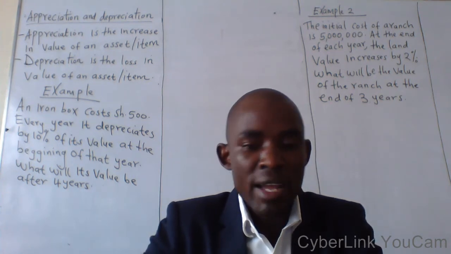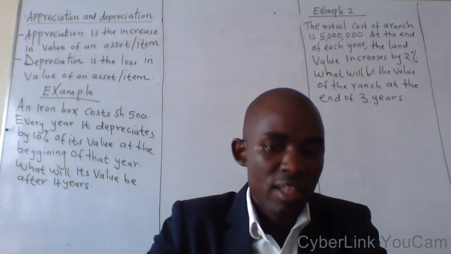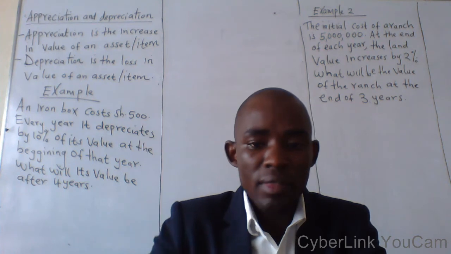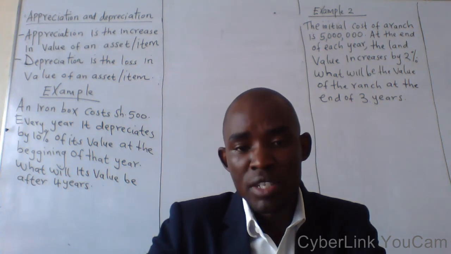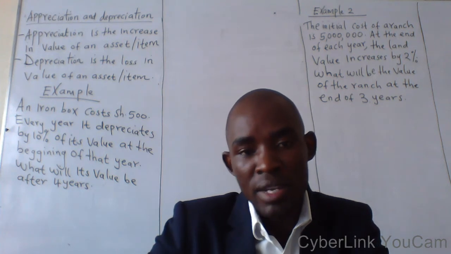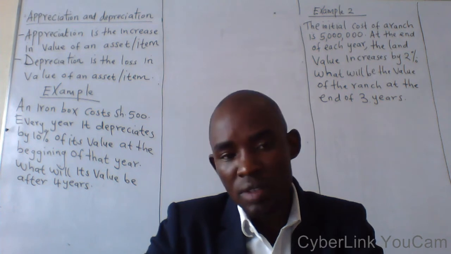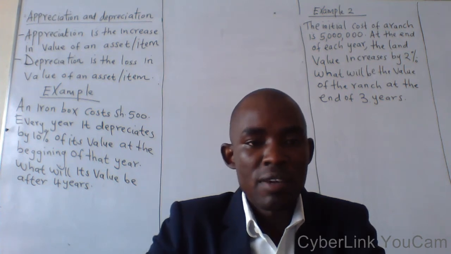But if you buy an item which you can sell for more than you bought it, then that item is appreciating, and that process through which an item increases in price or value, we call appreciation.